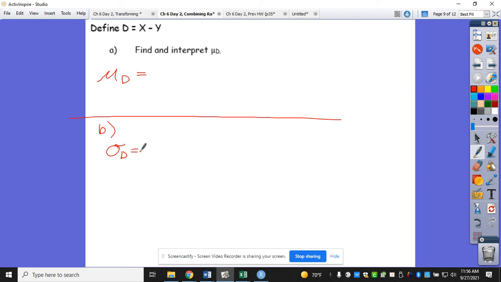So what do I write for mu of D? What do I write for mu of D? And what was mu of X? Minus, which gives me, what is this actually saying in context of the situation?